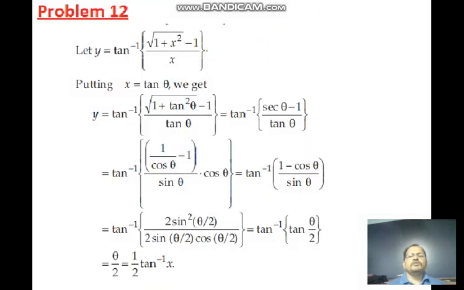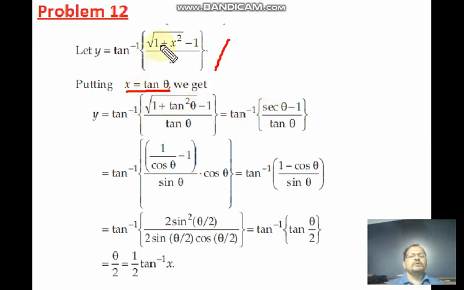In this 12th problem, y equal to tan inverse of (under root 1 plus x square minus 1 upon x). Certainly here I cannot apply x equal to sin theta or cos theta, because the square root will not get cancelled by putting x equal to sin theta or cos theta, and therefore the substitution is x equal to tan theta. I have the formula 1 plus tan square theta is sec square theta.